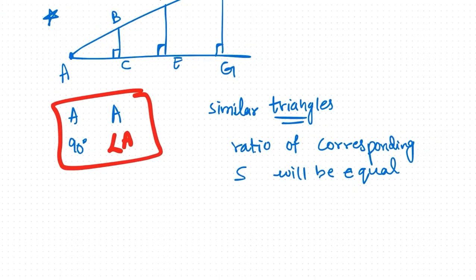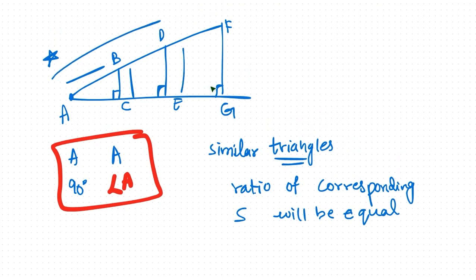So if you take any pair, let's say BC by AB, this by this should be equal to this by this should be equal to this by this. So we know that, if it is theta, this by this, in terms of theta, will be sine.